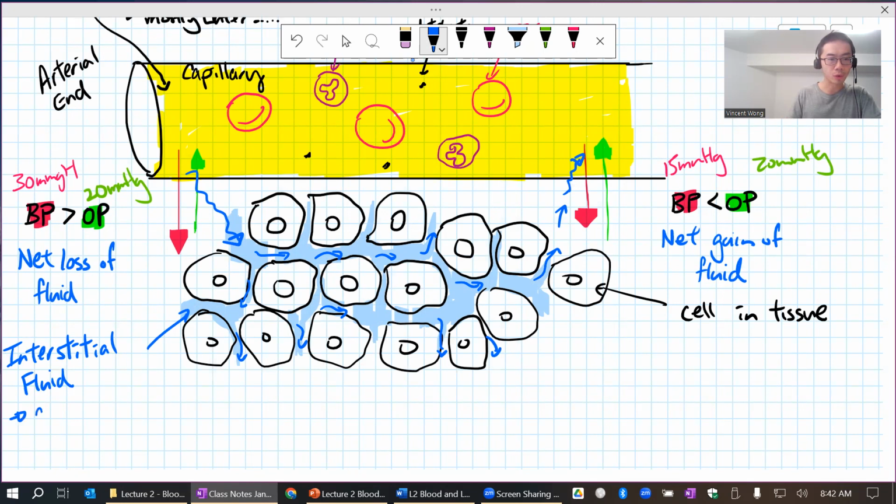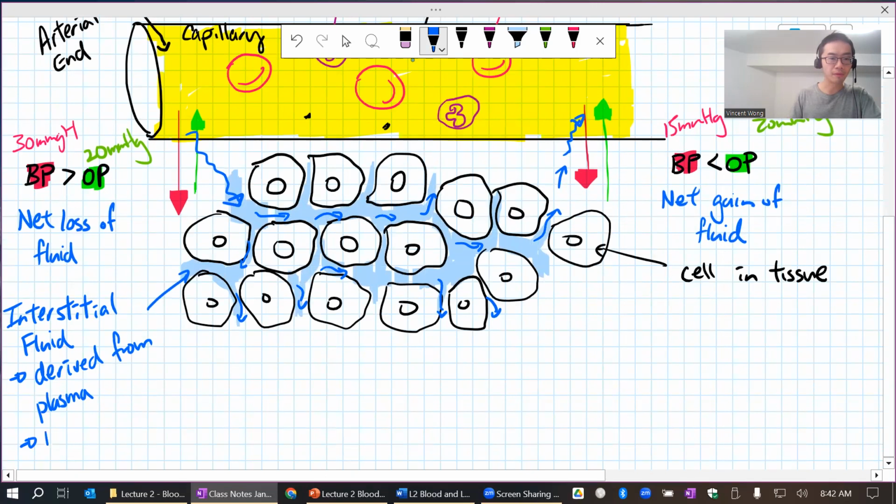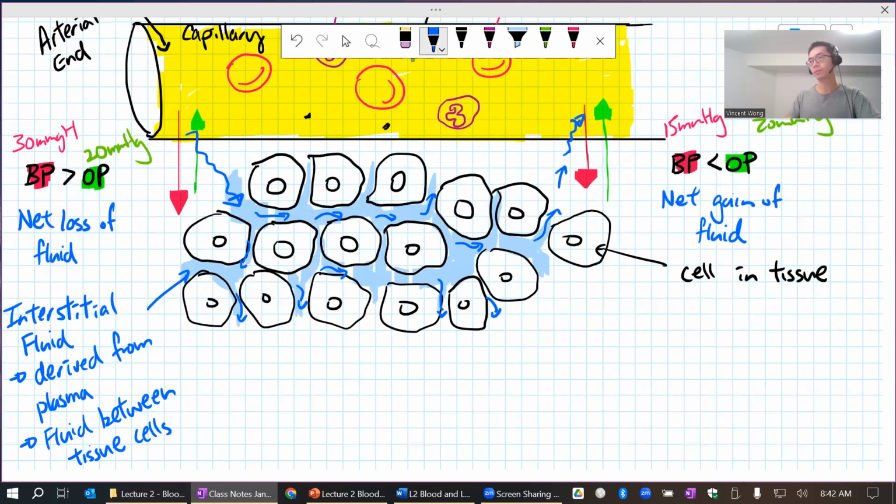Derived means it came from plasma, and they are fluid between tissue cells. All right.